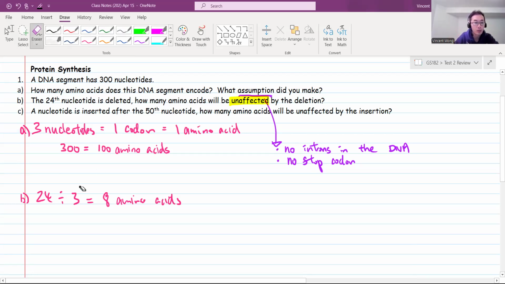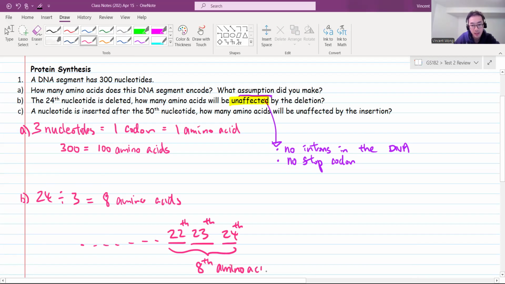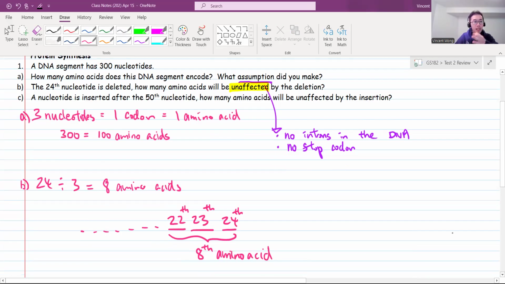Actually, you know what? Not 8. Sorry, let me do this again. Dot dot dot, and then 22, 23, 24. This would have been the eighth amino acid, because every three nucleotides is a codon. And what they're saying is we're going to delete the 24th.